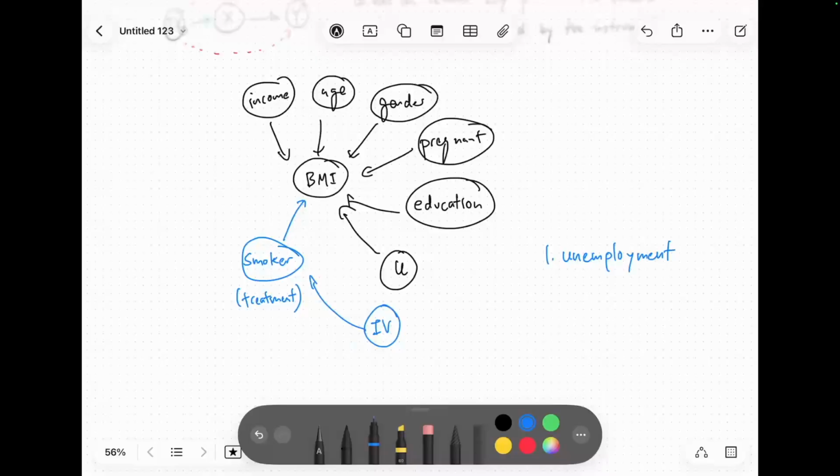I could buy that. Maybe being unemployed is more stressful, leads you to smoke more. Okay, so does that mean it's a good instrumental variable? So we can plausibly see unemployment here. What do you guys think?